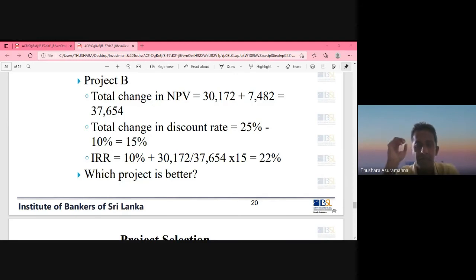So simply it's 40 million into how much? 15%, plus 60 million into 10%, total divided by 40 plus 60.